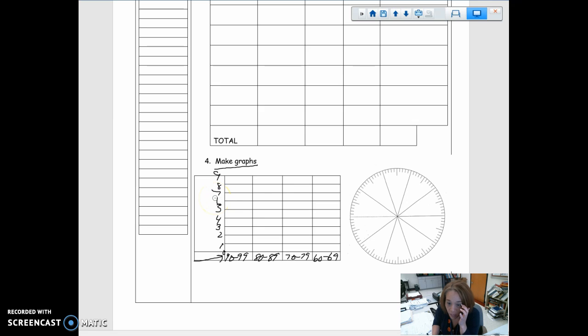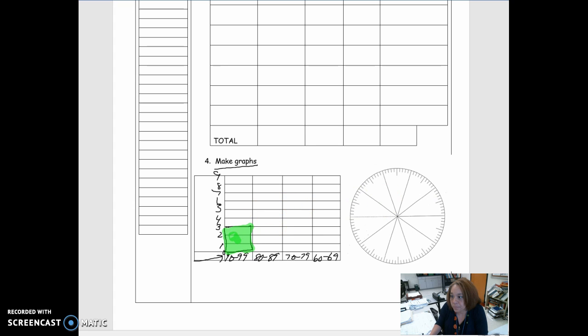I've already deleted all the information, but I can tell you that we had 3. So for my 3, I'm going to fill in this right here with 3. I'm going to shade it here because that's going to give me a little bit easier way to mark this. So there were 3 in this score interval.